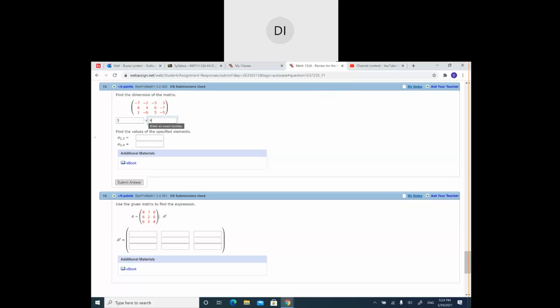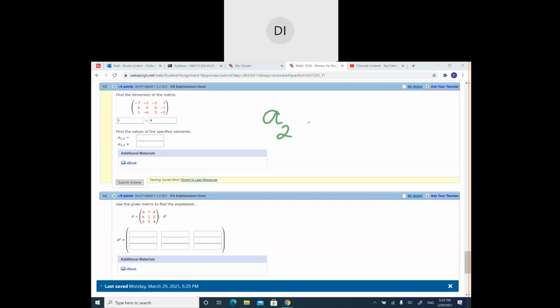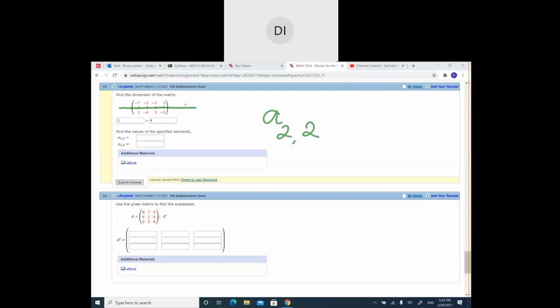Okay? Now they want me to find what is A22. So that means what is the element in the second row and second column. I'm going to go to the second row and I'm going to go to the second column. And what is the number down here? The number is 4.